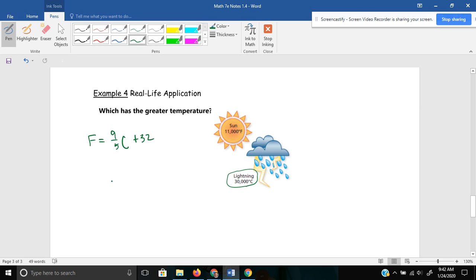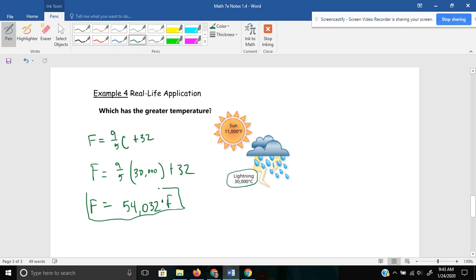I'll plug in my Celsius. So Fahrenheit equals 9/5 times, well, the Celsius of lightning is 30,000, plus 32. A little bit of calculator work here. 9/5 times 30,000 would give you 54,000, plus 32 would give you 54,032 degrees Fahrenheit.